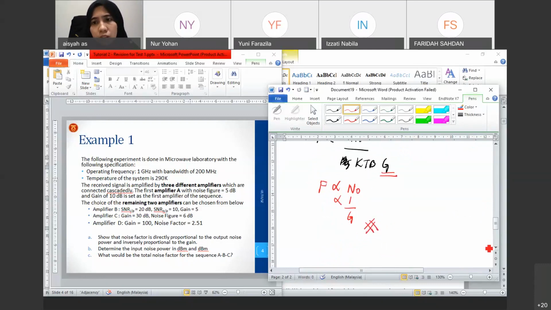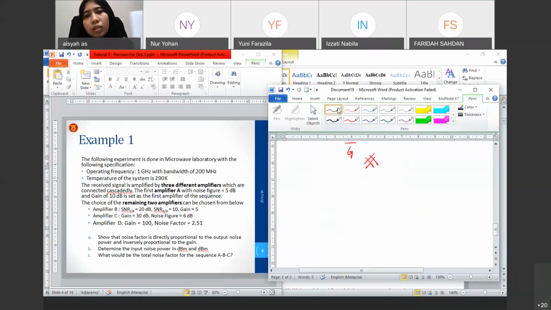Any questions for this first question? So, do you solve like this or you have another answer? You can share with all of us. If you have your answer, we can discuss.